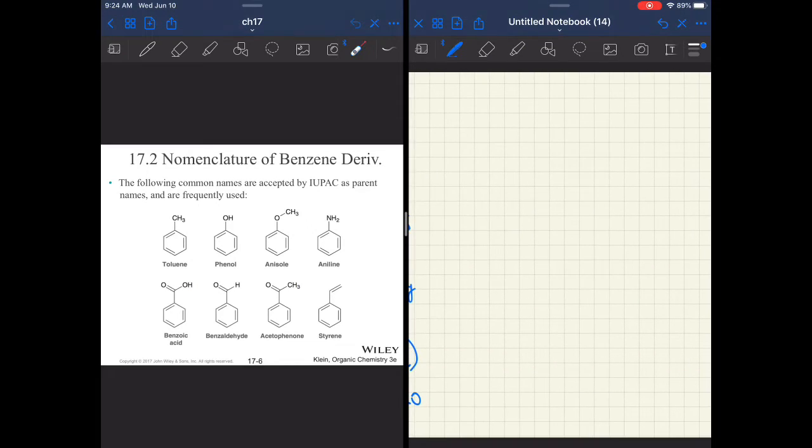I'm not going to write these down on the right, but you should write these down in your notes. Make note cards, however you memorize things. You need to memorize these 8, and there will be a 9th as well, but we're starting with the monosubstituted, these 8 common names.